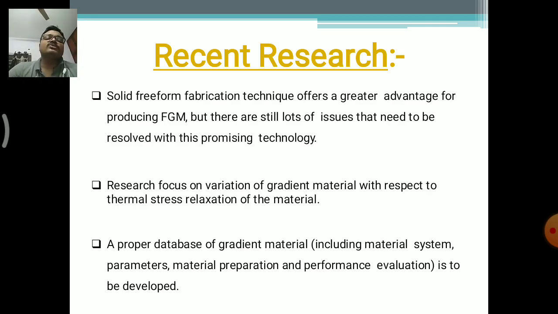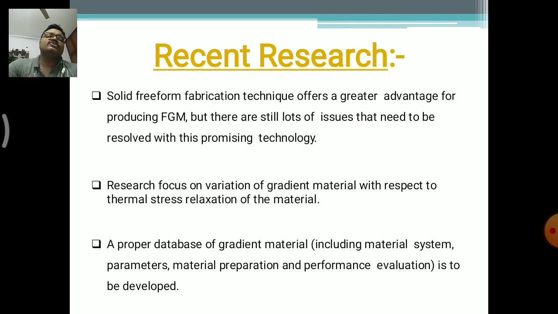And the last one is that a proper database of gradient material is to be developed. Still it is under the research process only, so there are some good results coming in the near future. This includes the material system and some parameters, that is geometry, material preparation and performance evaluation.